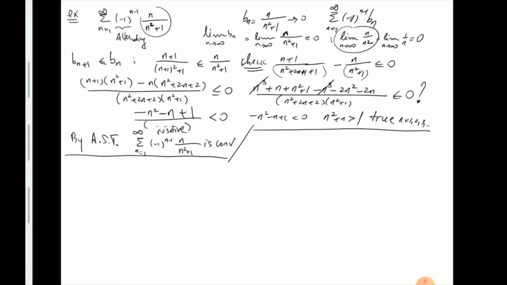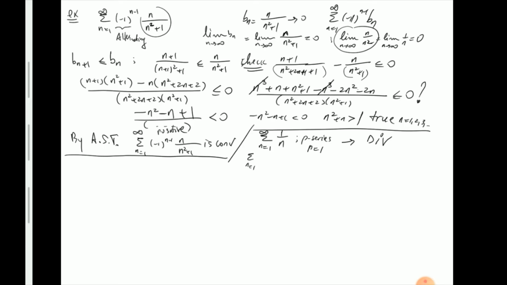Now, here comes the fun part. Make sure you don't confuse these concepts, okay? So again, let's put these two side by side. Summation from 1 to infinity, 1 over n. That's not an alternating series. That's a p-series with p equal to 1, hence divergent. That's the p-series test.